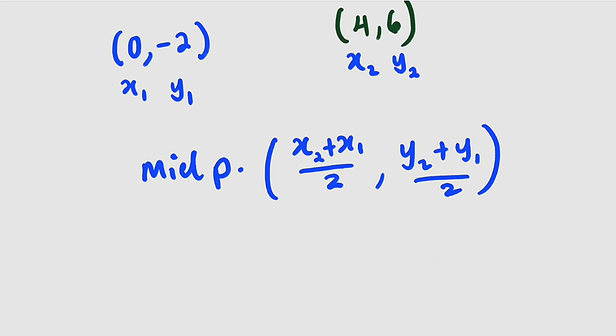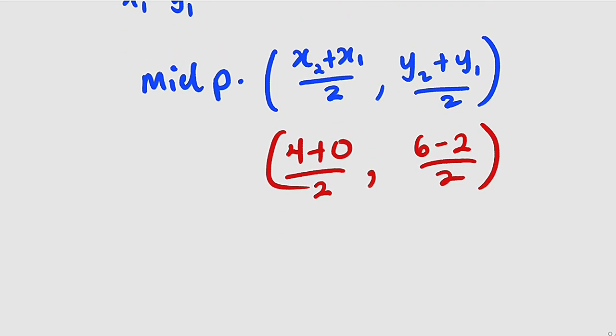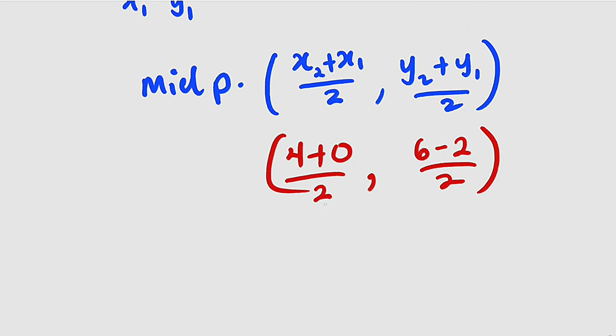If we substitute, we have x2 as 4 plus x1 as 0, divided by 2. Then y2, which is 6, plus negative 2, which is the same thing as minus 2, divided by 2 as well. 4 plus 0 is 4, divided by 2 is 2. 6 minus 2 is 4, and 4 divided by 2 is also 2.